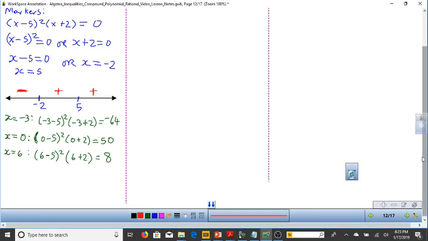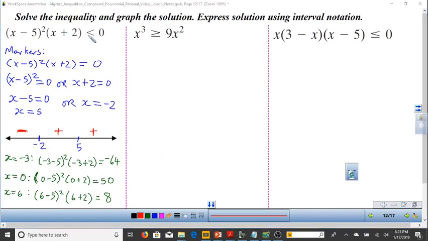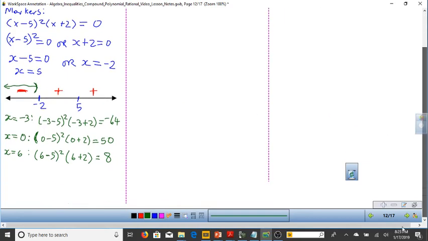So based on our little information here, since this is a less than, we use parentheses and we only want the region to the left. So my solution is going to be the region to the left, and it uses parentheses. So I'm going to redraw my graph, which will only have the solution.